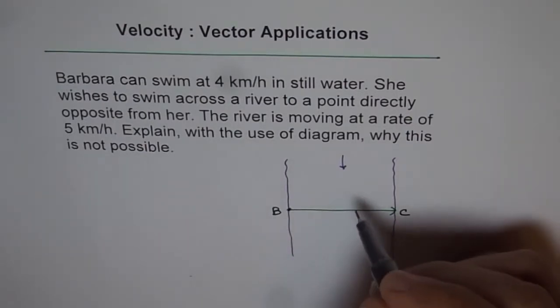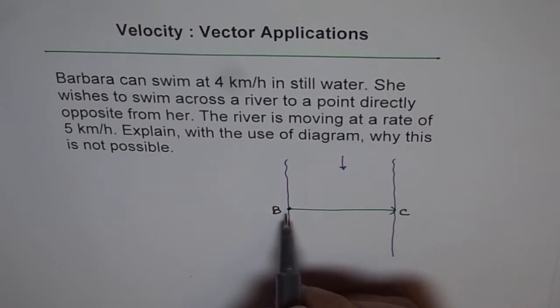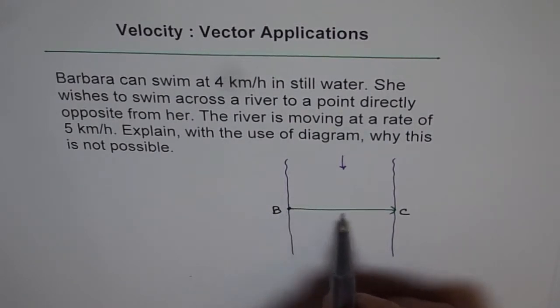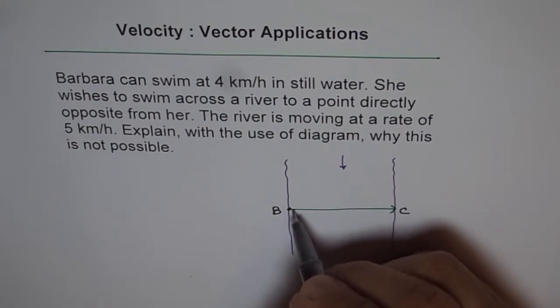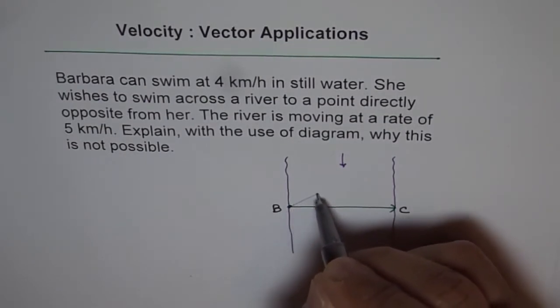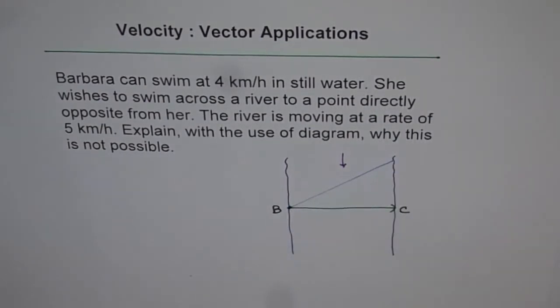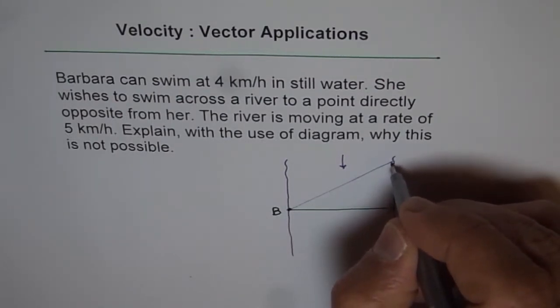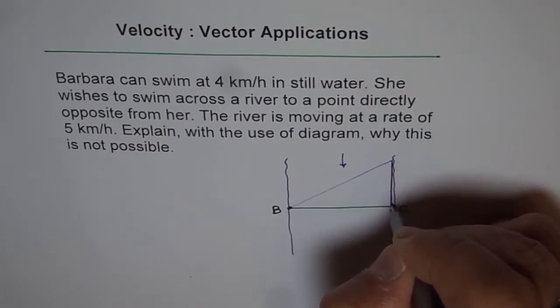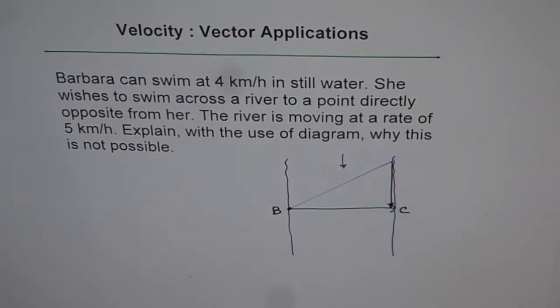That means, if she starts from here and wants to reach directly across, then she has to go in this direction, since the river will bring her down. So the river will bring her down like this. Then ultimately she will reach right across.